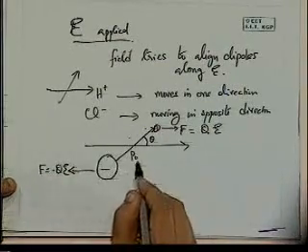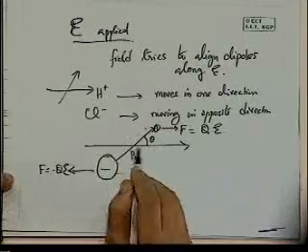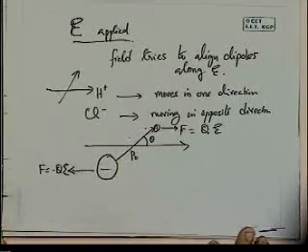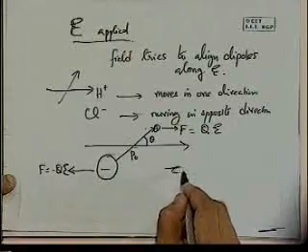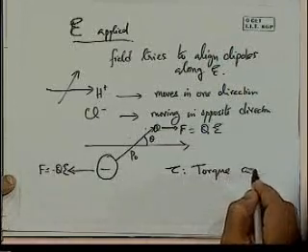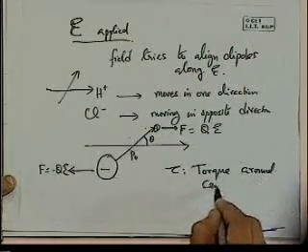The net result of it is, because these are bonded together, they can't simply move wherever they want to go, and so a torque is set up around the center of mass. We give the symbol tau, which is for torque around the center of mass.